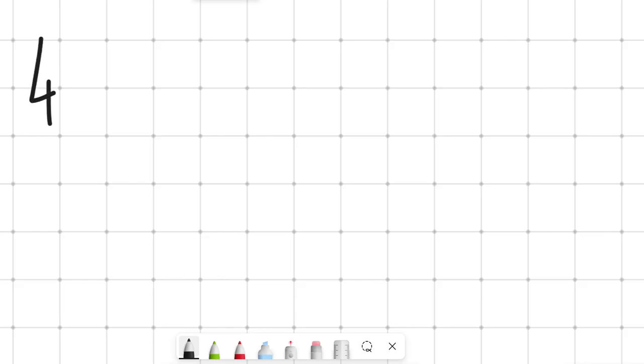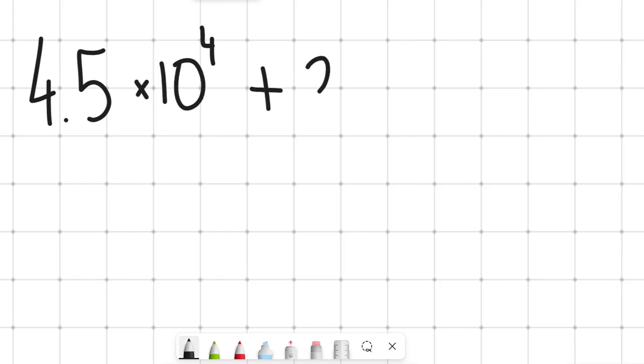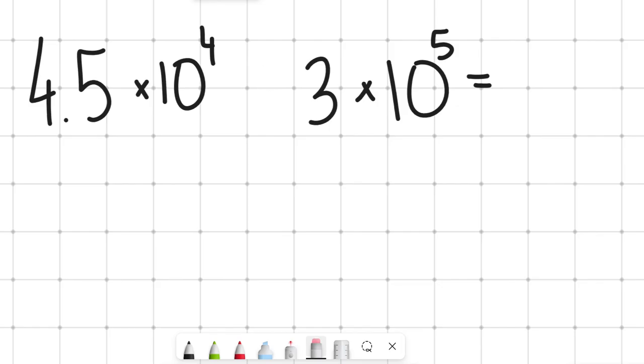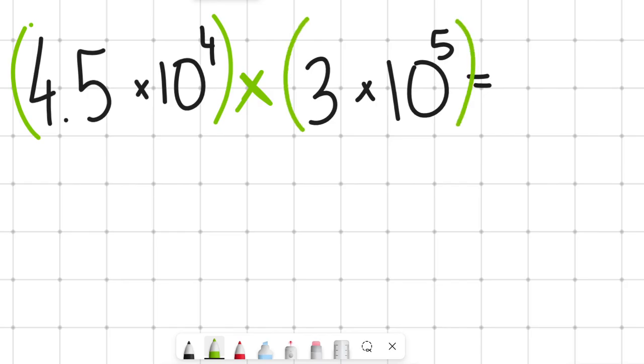So for example, 4.5 multiplied by 10 to the power of 4, multiplied by, let's say, 3 multiplied by 10 to the power of 5. Okay, let's fix this one. We said we need to multiply them. So when we multiply two numbers that are in scientific notation, this is our first number and this is our second number.